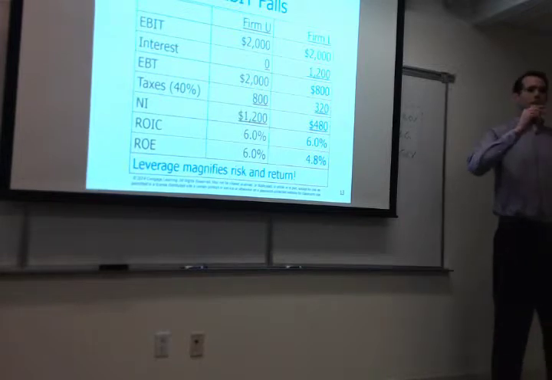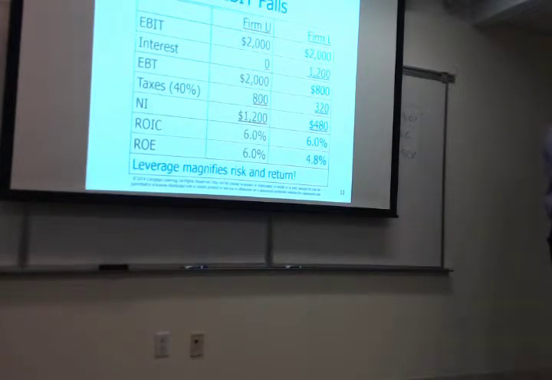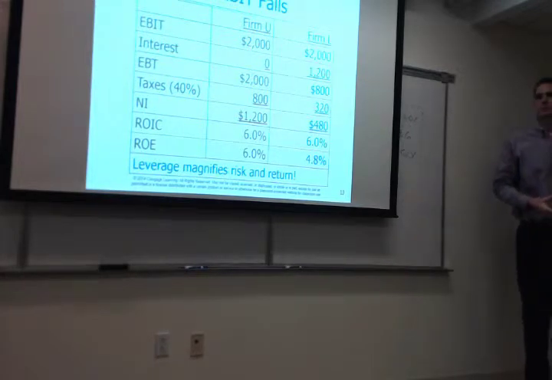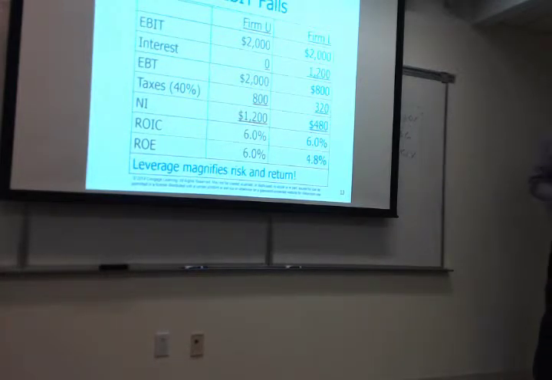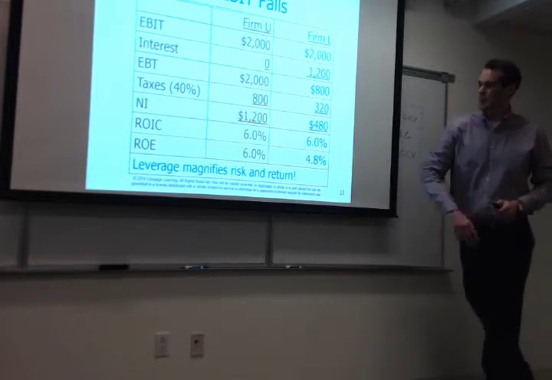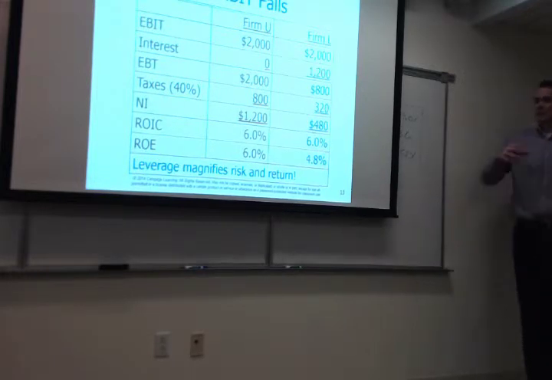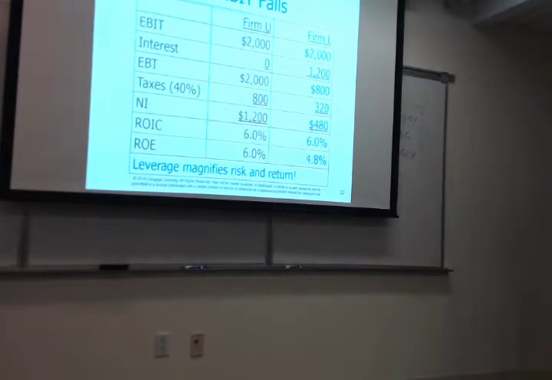Maybe one of the best ways to sum it up: when you have a smaller pool of equity, then the return is magnified as a result. A larger pool of equity, the return is less magnified. So take away from this discussion and from the example before class, this leverage magnifies risk.